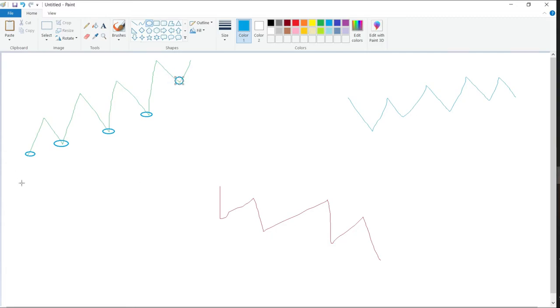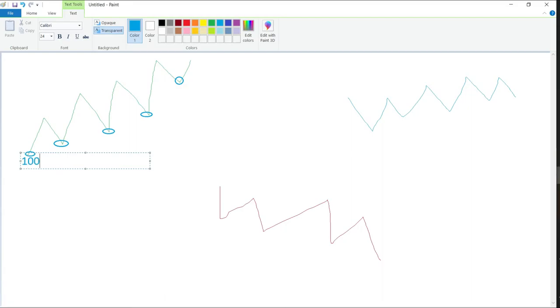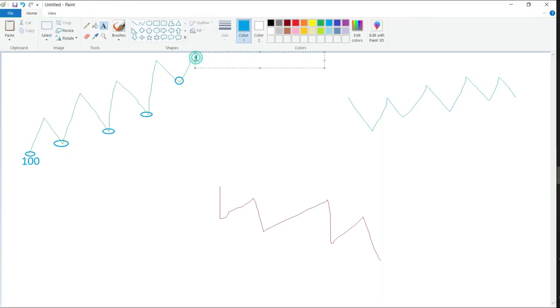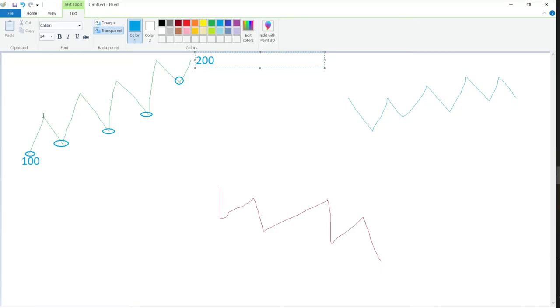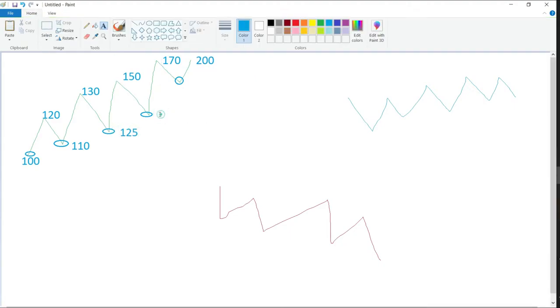Suppose for example a particular stock started at 100 six months back and today it is at 200 levels. So maybe I'll consider this as 120, this 110, 130, 150, maybe 170, 125, 140, 160.